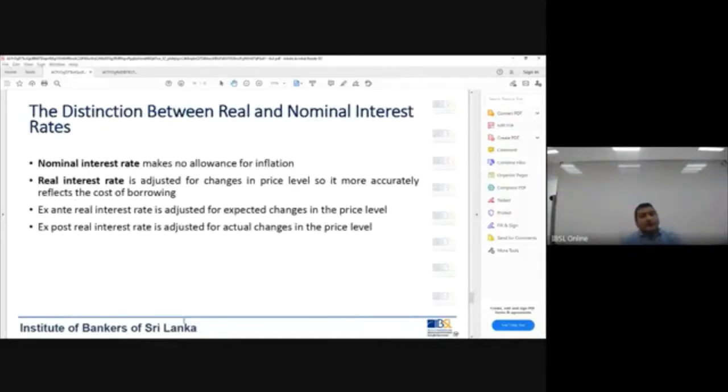Then you see the concept of real versus nominal interest rates. This is a very interesting element where you have to understand what the real interest rate is and what the nominal interest rate is.